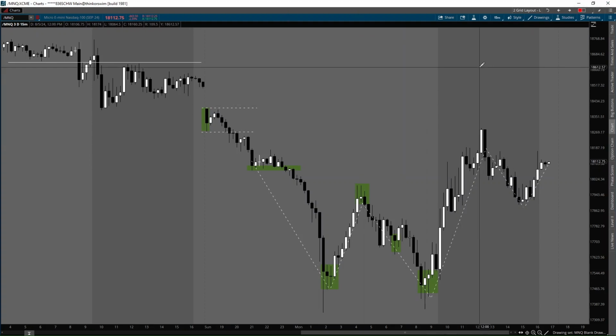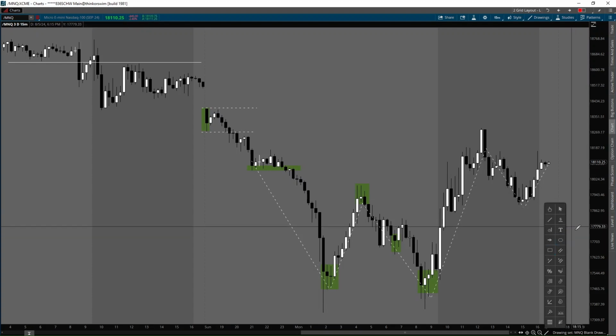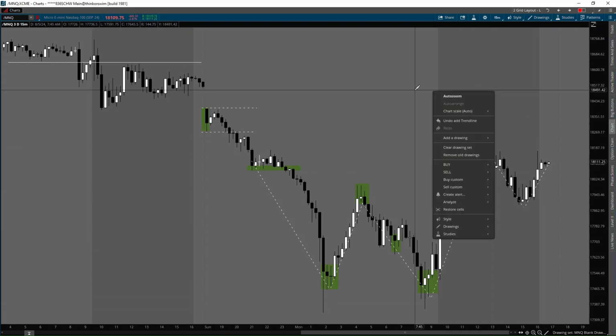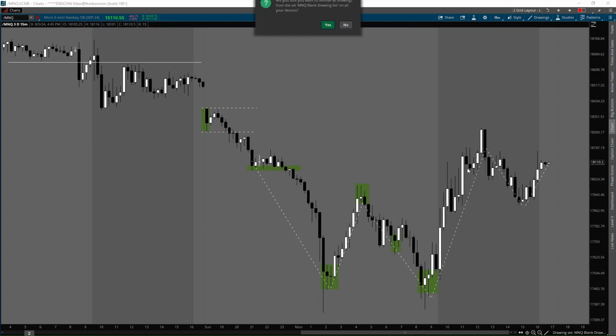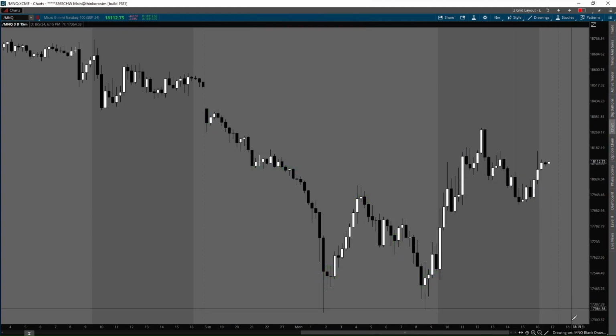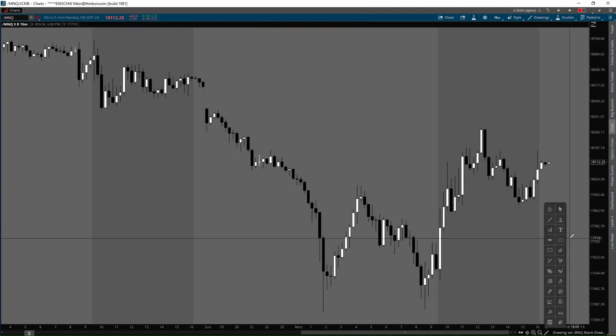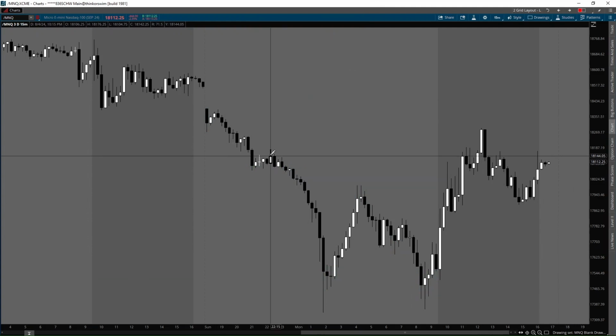Regardless of the time frame, what you're looking for is changes in structure. So I've shown you a couple of locations here. Let's just get rid of these, remove the drawings. Okay, so I've shown you a couple of changes in structure here.